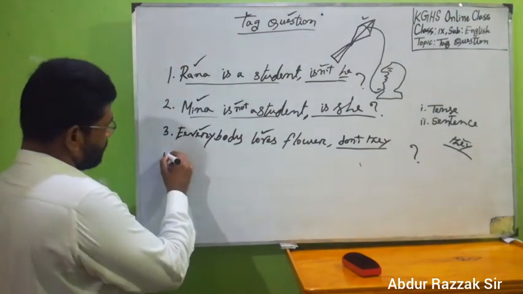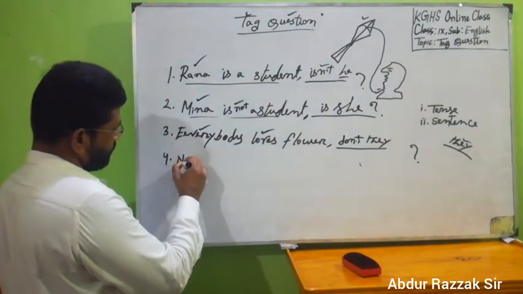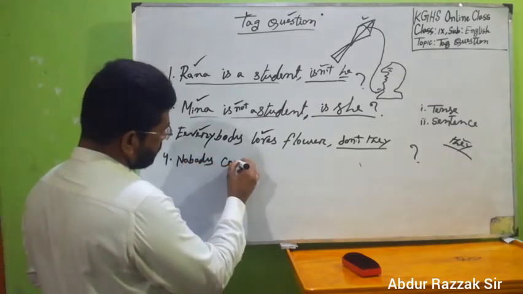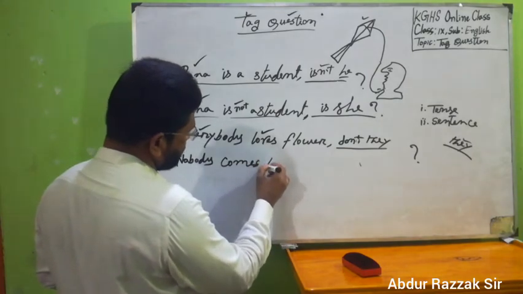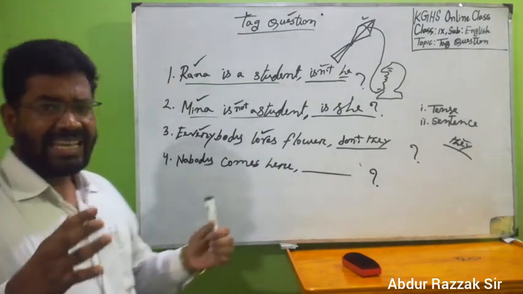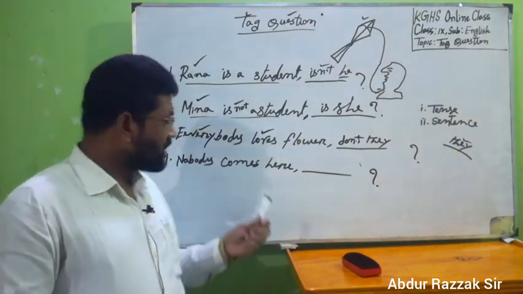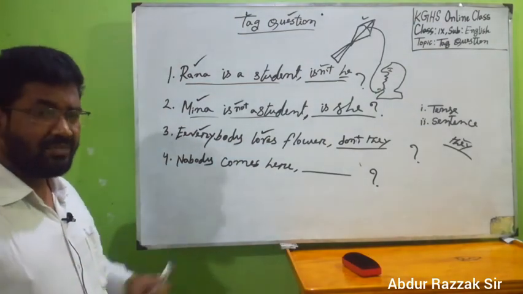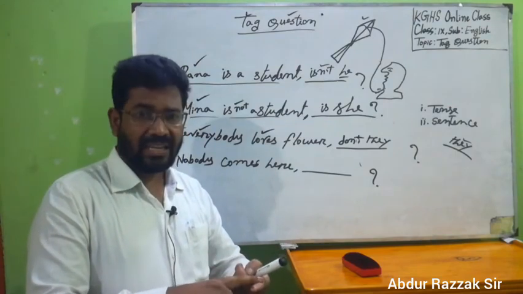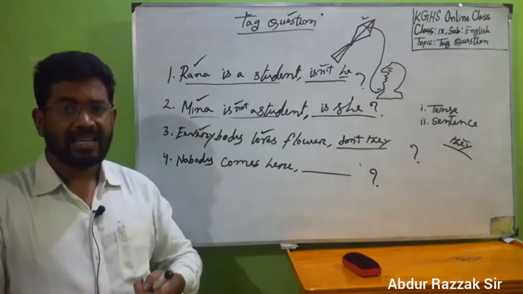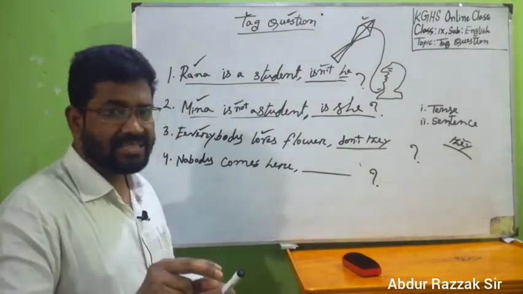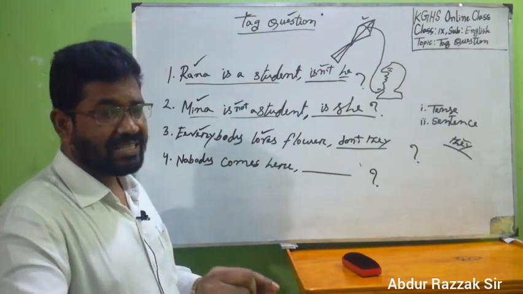Next one is nobody comes here. Dear students, if you find this kind of negative words, there are some negative words such as nobody, none, neither, nothing, hardly, scarcely, few, seldom, barely. If you find these kinds of words in any sentence, the sentence indicates a negative sense.